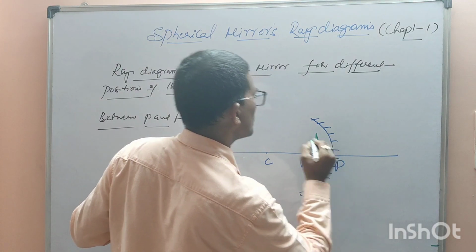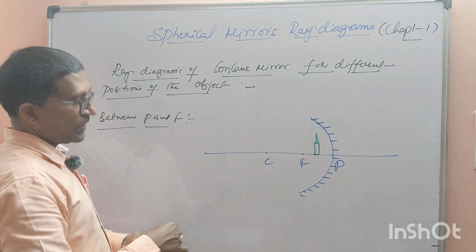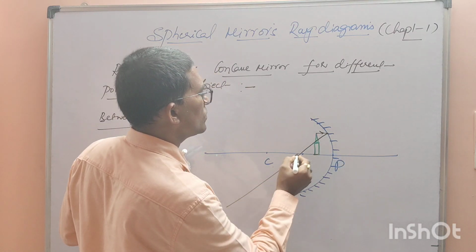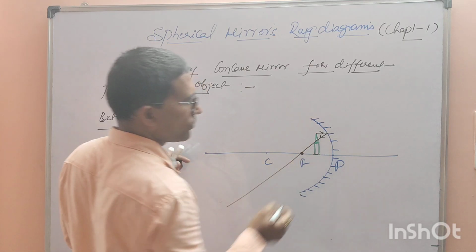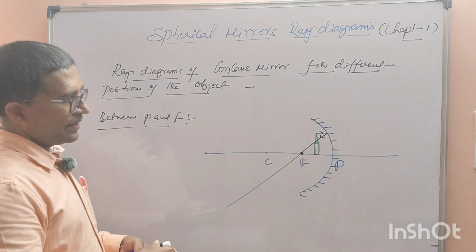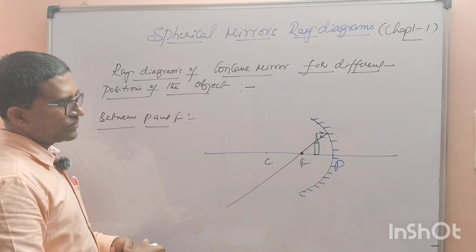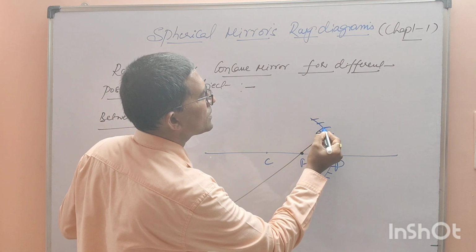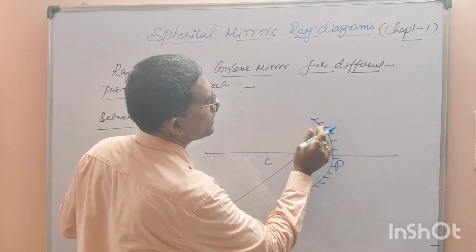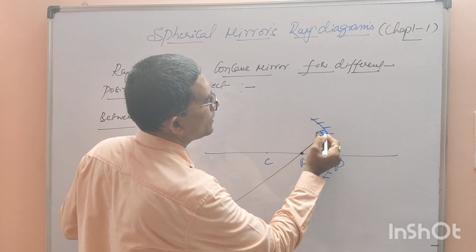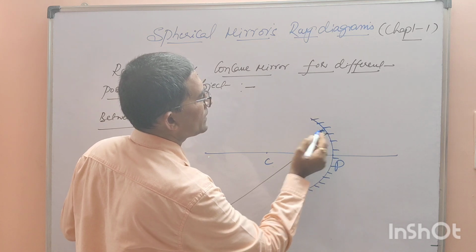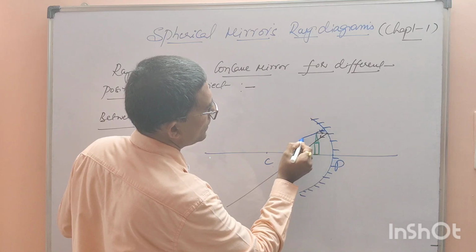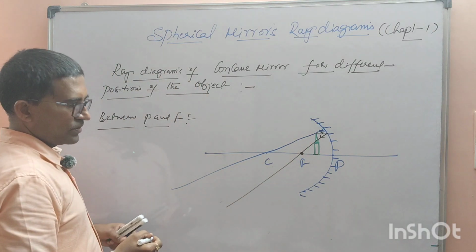This is the object. Okay, as usual, the incident ray is parallel to the principal axis. After reflection it passes through the focus. Okay, next ray. To make it clear, I will use a different ink. This is the incident ray, and the reflected ray.